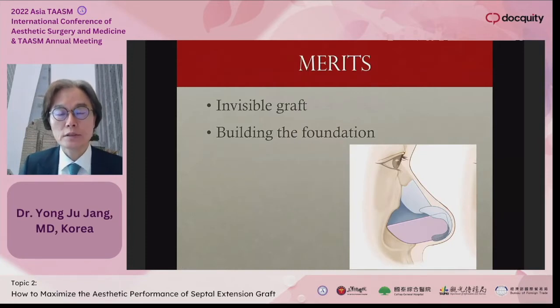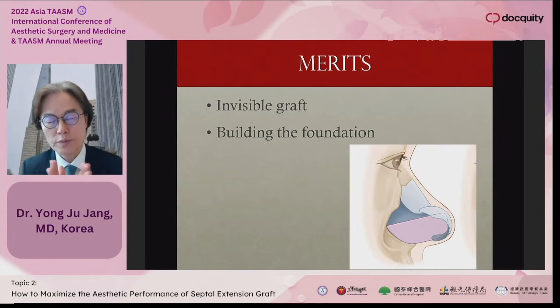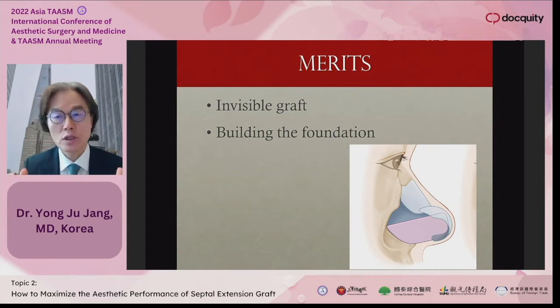I think the merits of septal extension grafts are that it is an invisible graft. What invisible graft means is that once we place the septal extension graft, it is covered with alar cartilage. So that's what I mean by invisible. It is not visible through the skin because it is covered with alar cartilage.